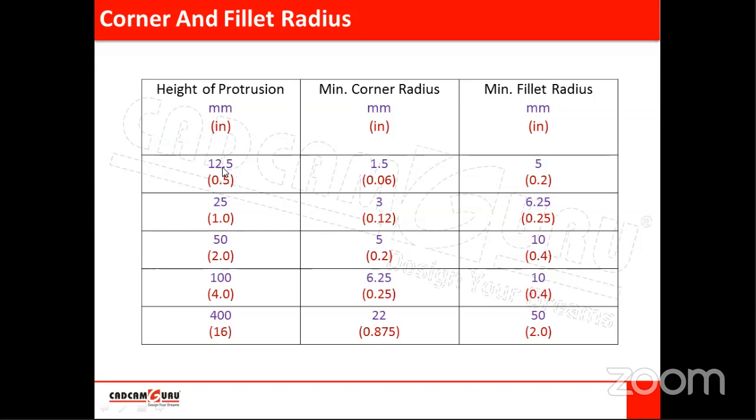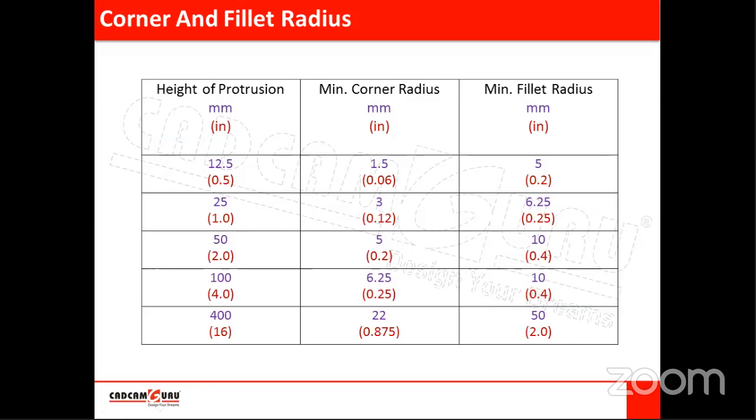So for a 12.5 mm size or height of the component, generally the corner radius recommended is 1.5 and the fillet radius recommended is 5. Then for 25, 50, 100, 400. For 400, the corner radius is 22 mm and the fillet radius should be 50 mm.